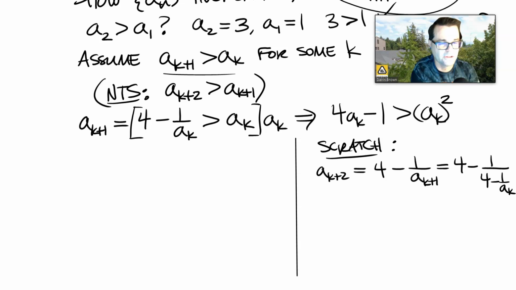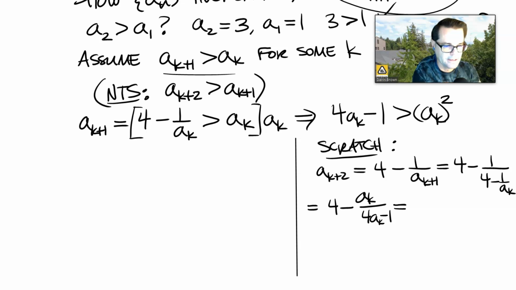So let's algebraically simplify this. This is a complex fraction. So it's 4 minus 1 over, so let me multiply this whole complex fraction by a sub k. So a sub k over 4a sub k minus 1.